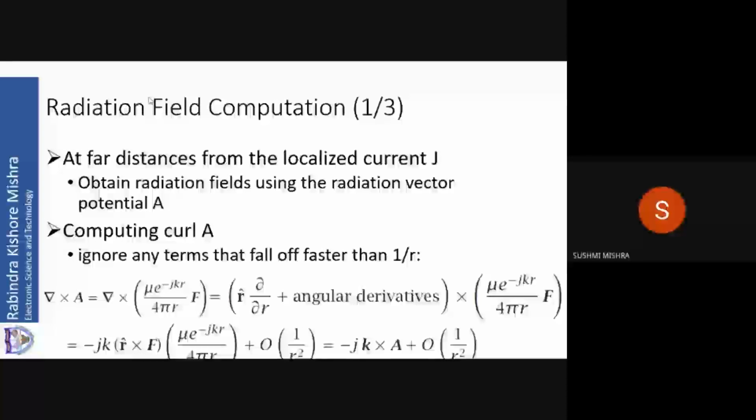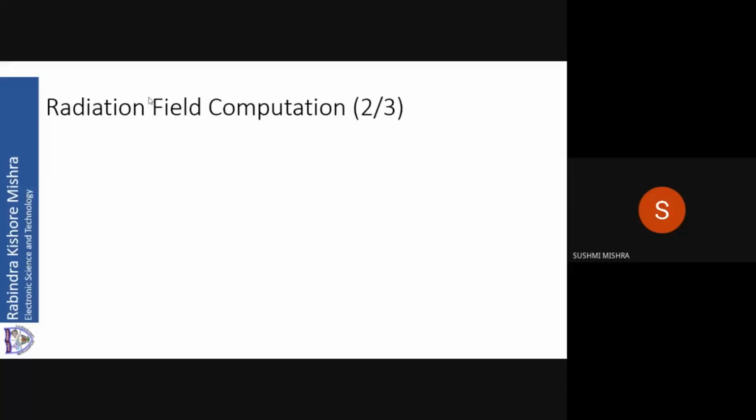Now for the far field, I do not require the terms which are of the order of 1 by r square or larger than that. So I can always neglect that. So now we have discussed this.